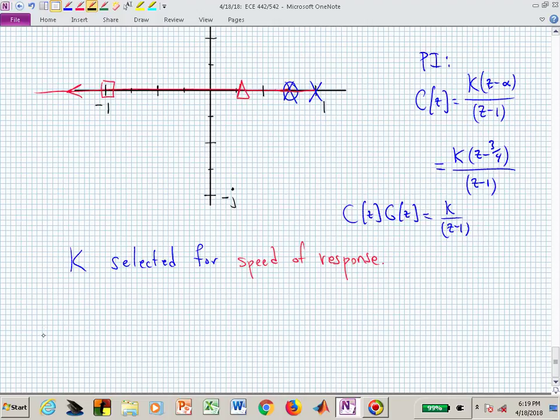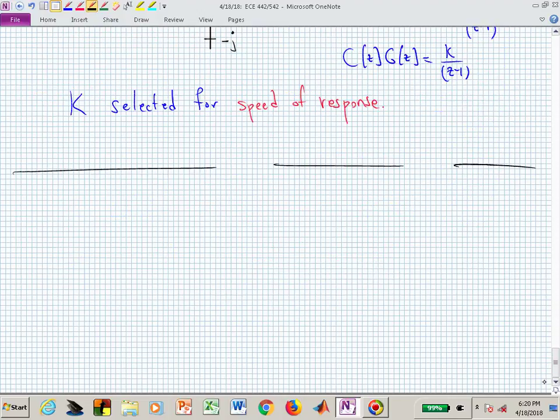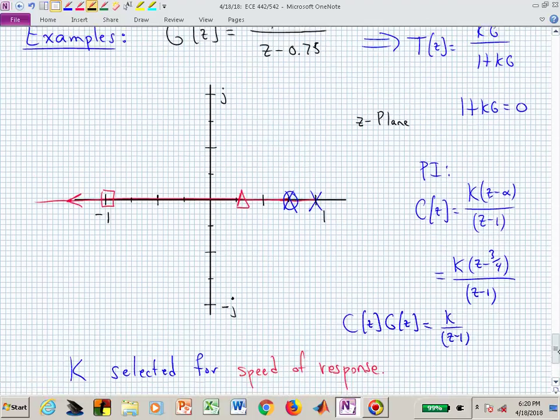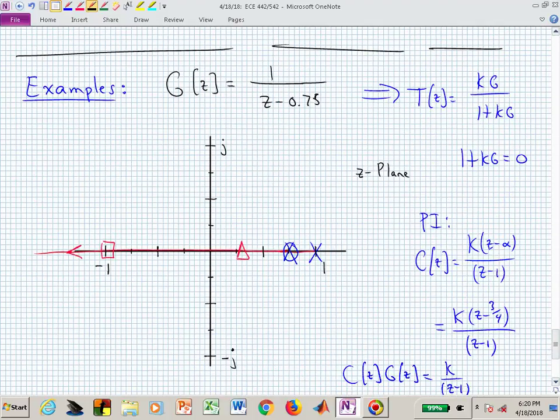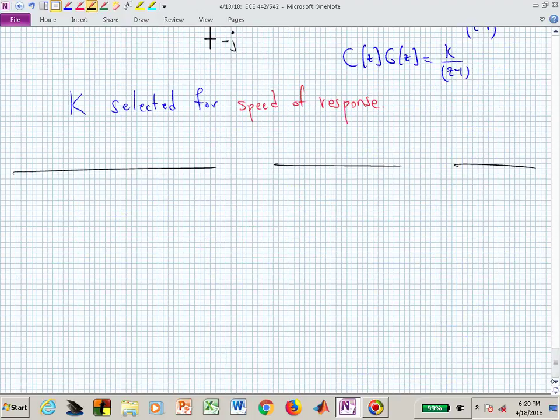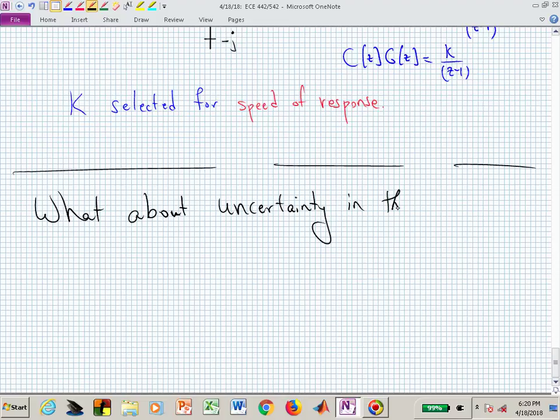Suppose that somebody says, oh, but I didn't really very accurately model my system. Maybe it really wasn't 1 over z minus 0.75. And I've been forced with my controller. I designed a controller to have a 0 at 0.75. Now what happens? Let's look at what happens, and this we could say, what about uncertainty in the actual pole location?